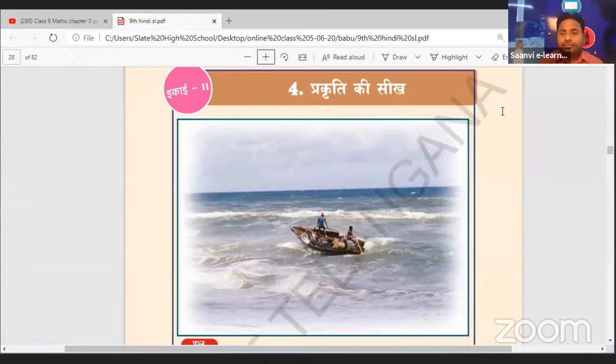Ninth class, the fourth lesson, Prakriti ki Seekh, is removed. And the fifth lesson, Football, is also removed. And the 12th lesson, Jago Grahak Jago, that particular lesson has also been removed.